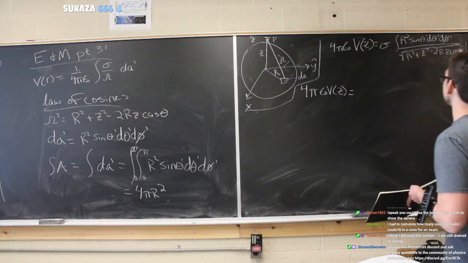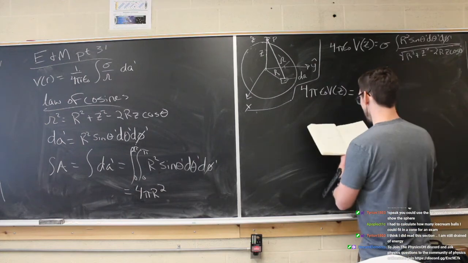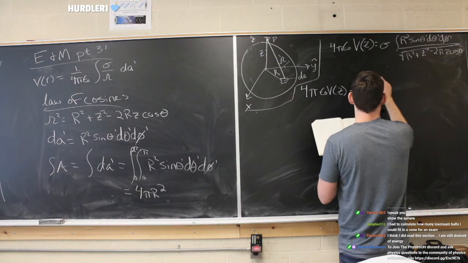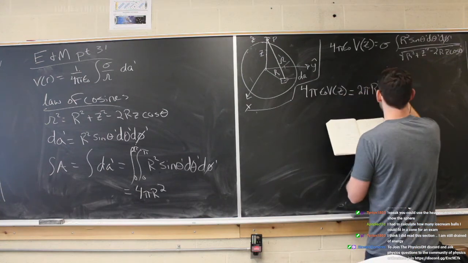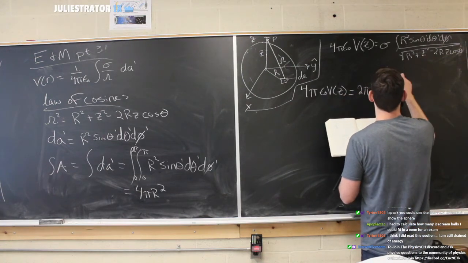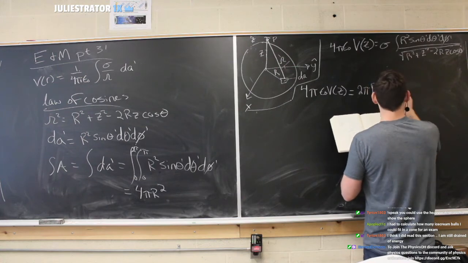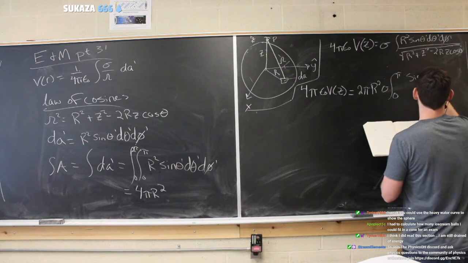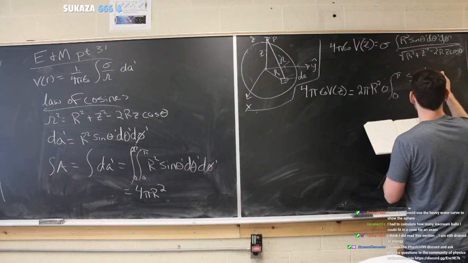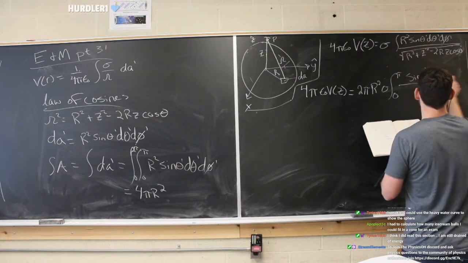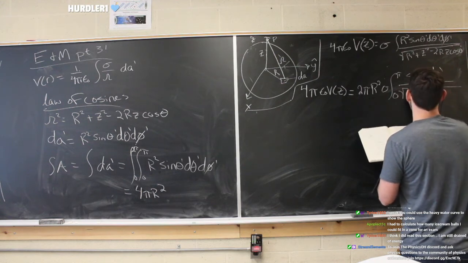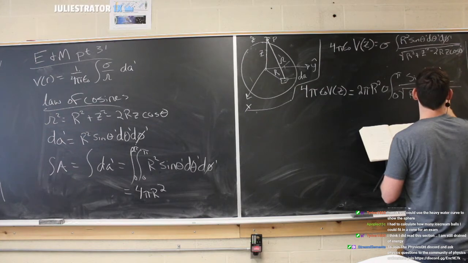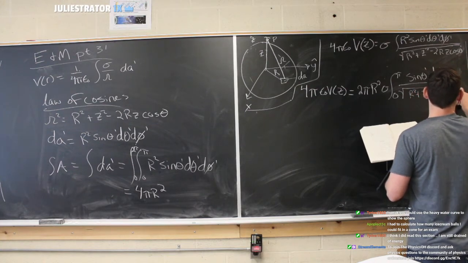But it has no phi in it, so it's just going to be a 2 pi. So let's pull that out, and we'll get 2 pi, and we also have an r squared in there we can pull out. And then sigma. Don't forget sigma. And then 0 to pi now of our sine theta prime d theta prime divided by the denominator, which is r squared plus z squared minus 2rz cosine theta prime.